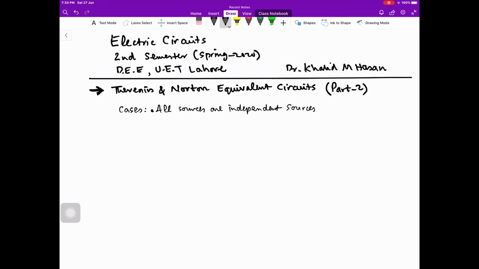Second case: circuits where all sources are dependent sources. And the third case is when we have both independent and dependent sources.